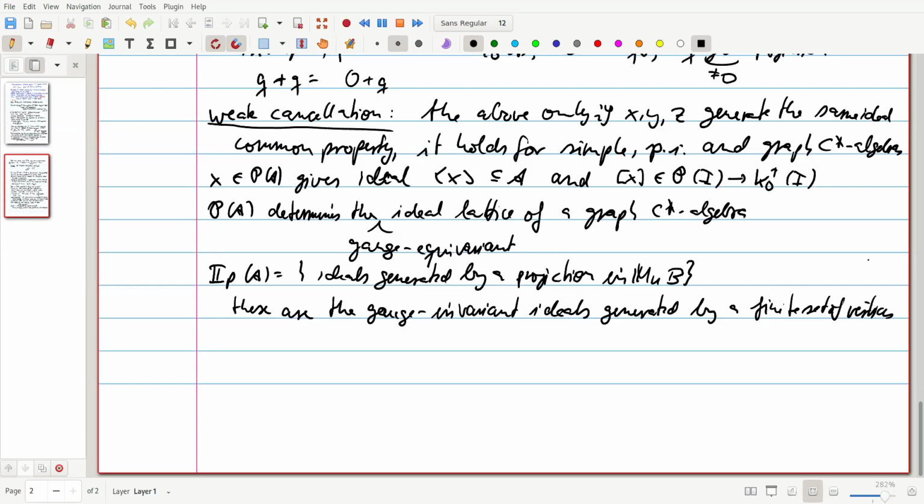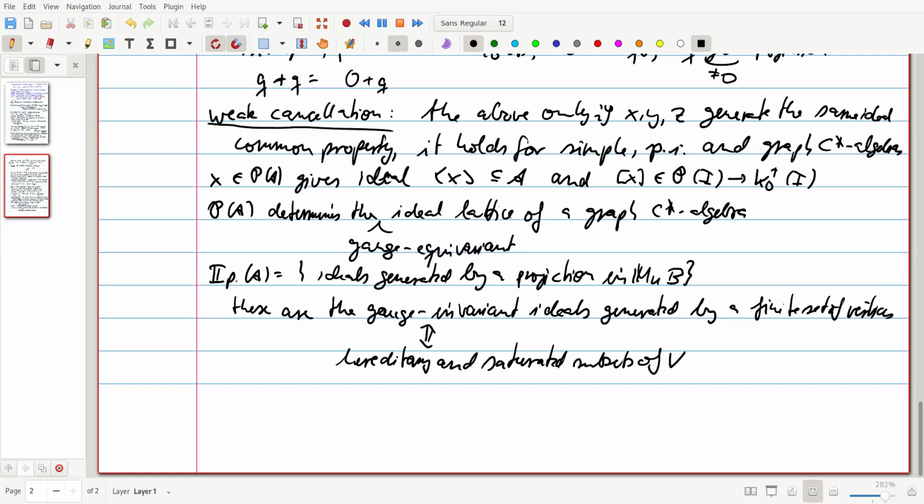So if your graph C-star algebra were unital, this would be all gauge invariant ideals. In general, you know the gauge invariant ideals of graph C-star algebras correspond to hereditary and saturated subsets of the vertex set. And for such a subset, you can ask whether it is the smallest subset that contains a given finite set of vertices.